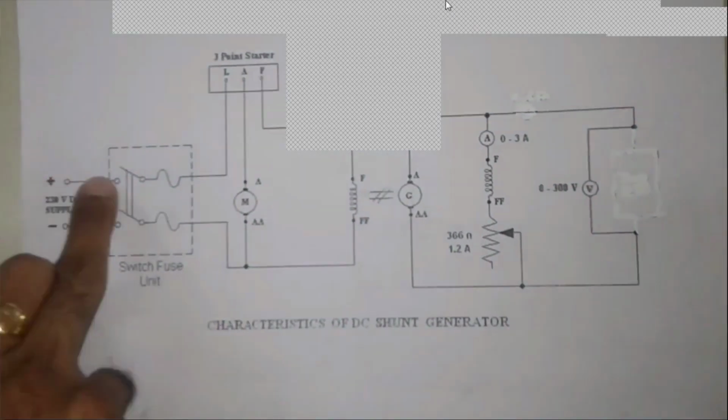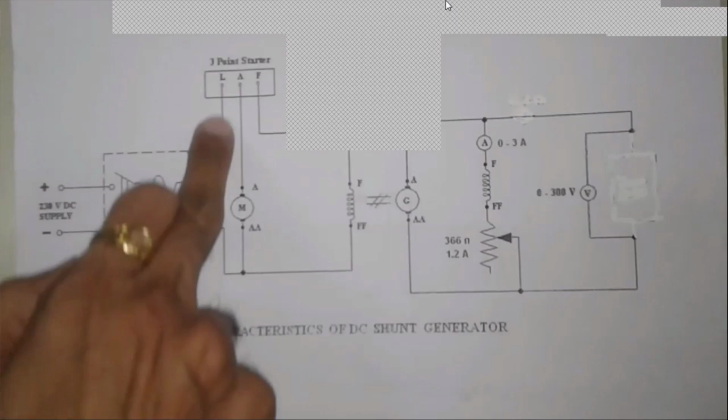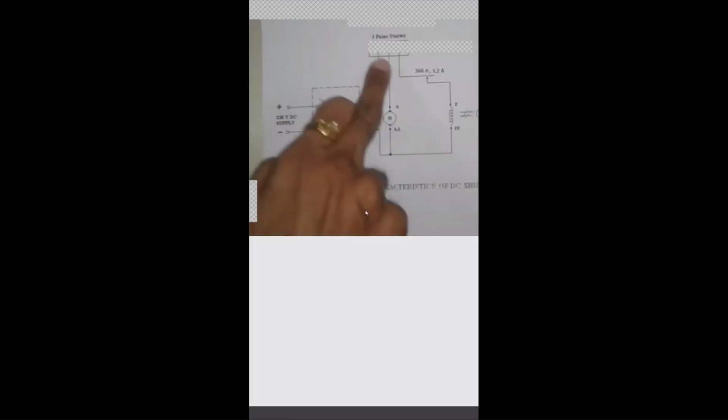So the positive voltage is given to the L terminal, that is A for the armature and F for the field.